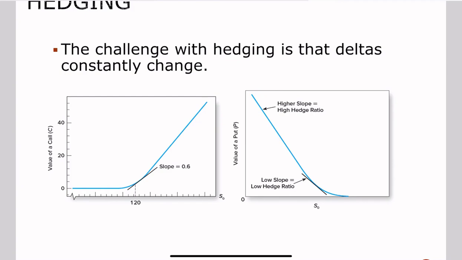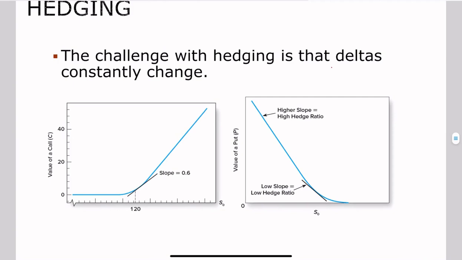Well, the reason is because delta changes, right? That is, as share price changes, delta will change. If delta changes, then hedge ratio changes. This means you have to make an adjustment in your hedging portfolio.